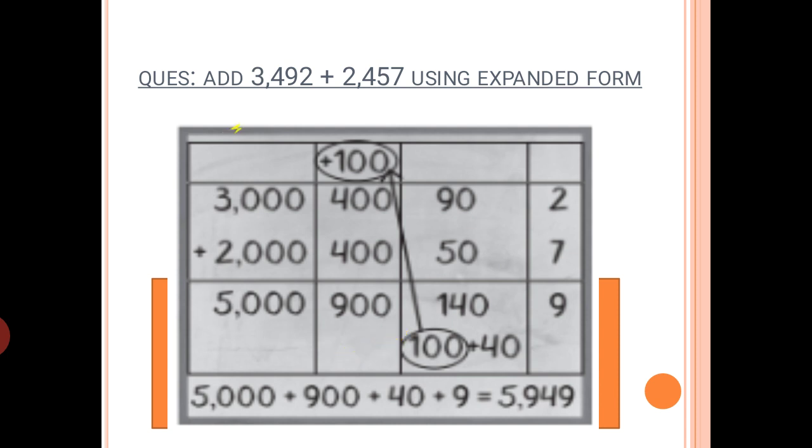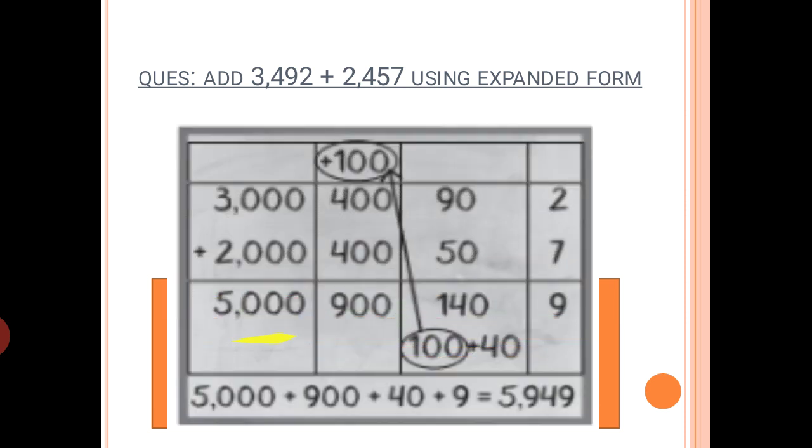Then coming to the thousands, 3000 plus 2000 equals 5000. Then we have reached the answer 5000 plus 900 plus 40 plus 9 equals 5949.